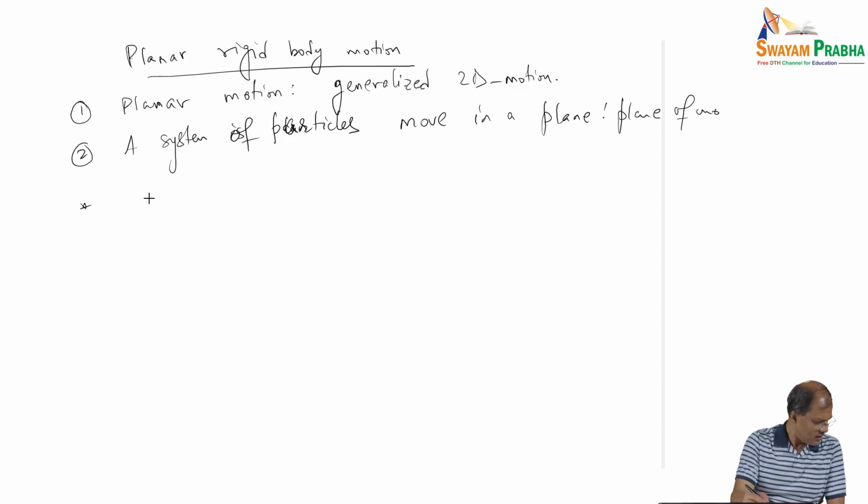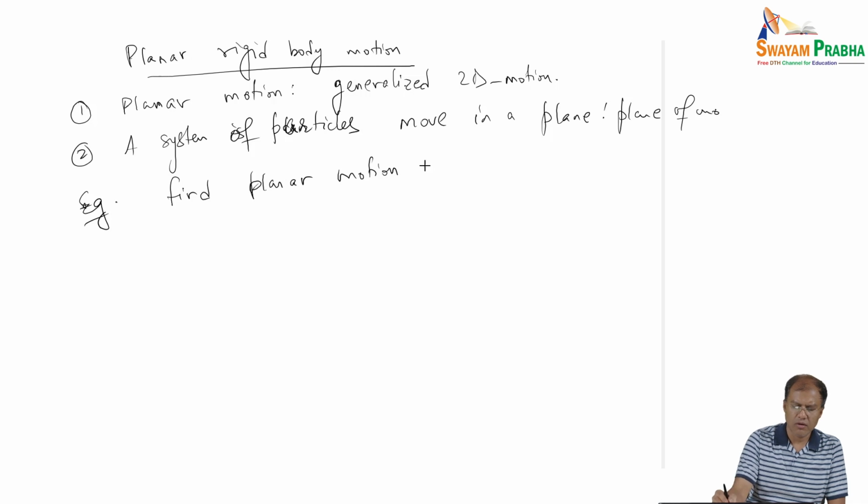Okay. Then we can do some quick check as to what constitutes planar motion. For example, listeners can see this as an example. We have to find whether it is planar motion or not, right? The first case that I have for all of you is a cotton reel rolling on a table.